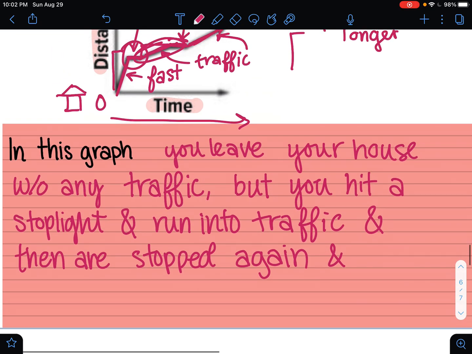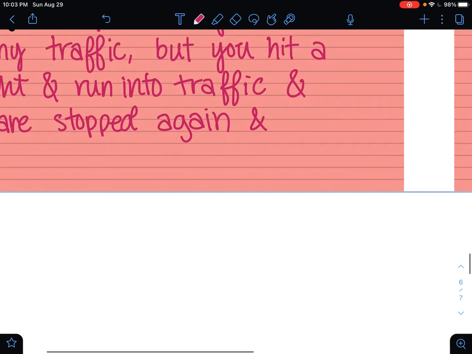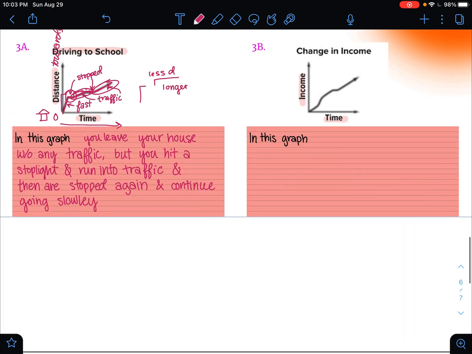This is a total run-on sentence, but I'm just doing it quickly. You're still in traffic. It's going slow. Continue. Okay. Let me get rid of all these lines because I am not a neat person.